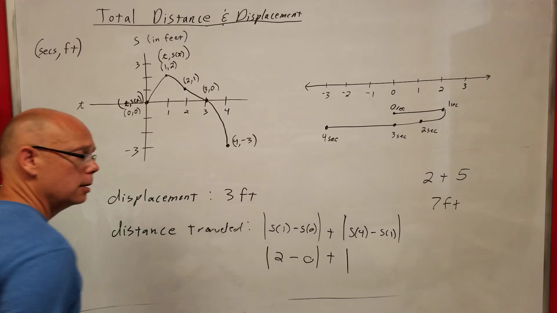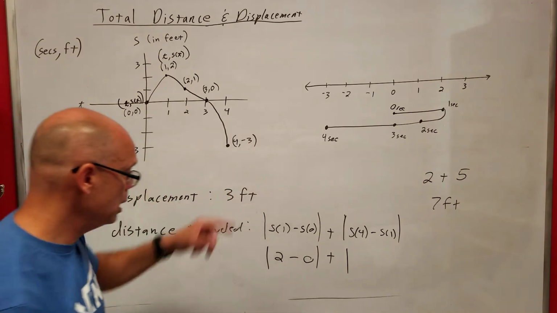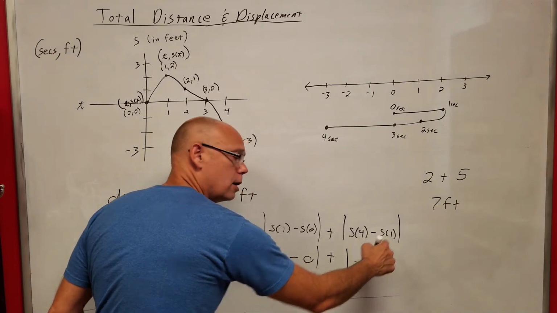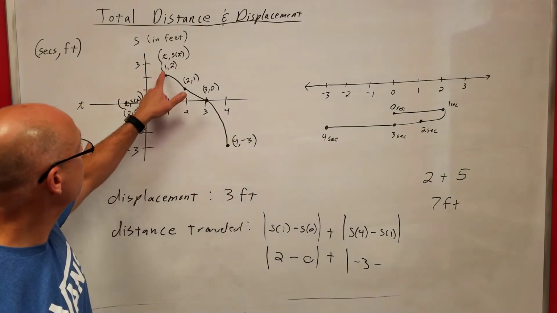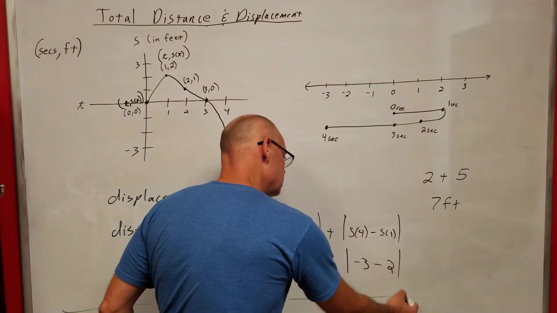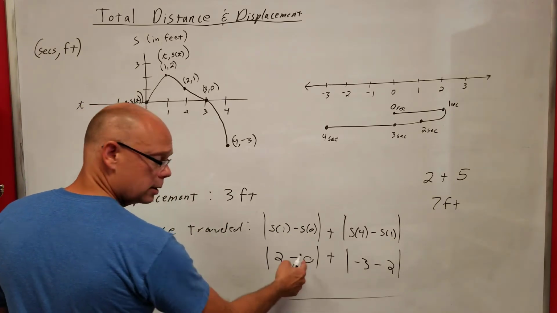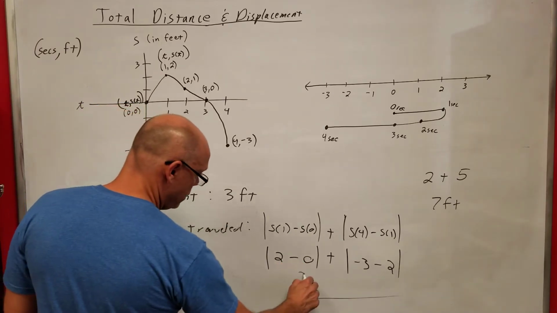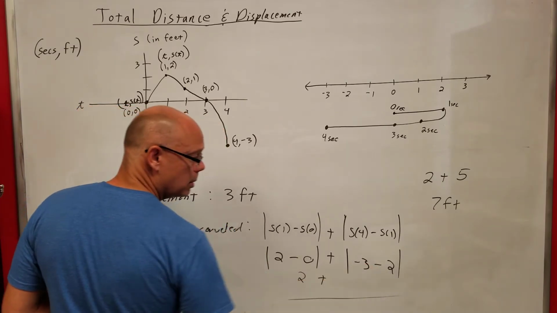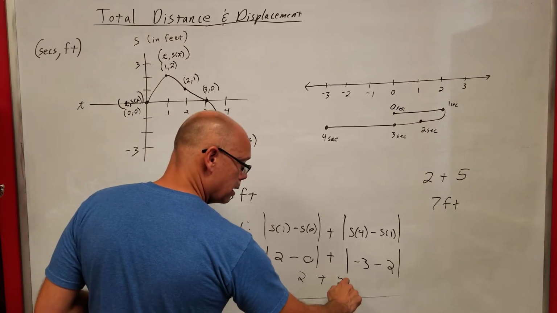What was my output of my position function at 4 seconds? -3, minus the output evaluated at 1 second. The output evaluated at 1 second is what? 2. Well, what does this give me? 2 minus 0 is 2. Absolute value of 2 is 2. Plus -3 minus 2 is -5. What's the absolute value of -5? 5.